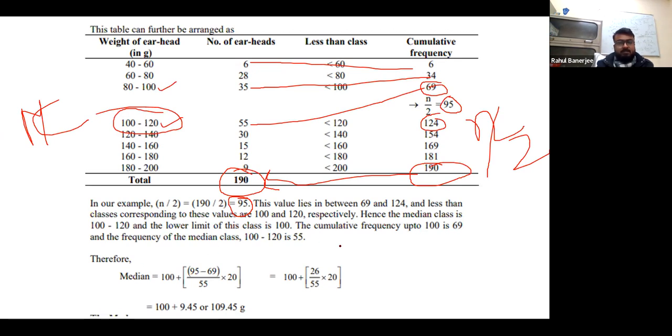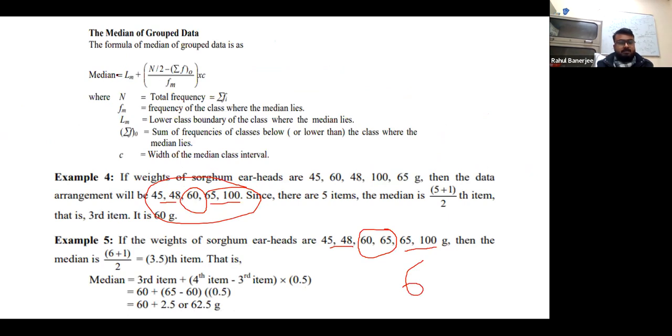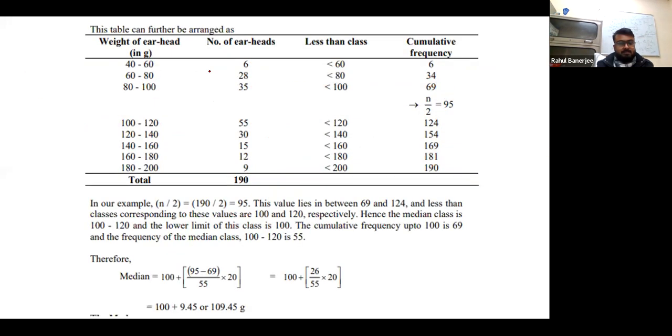Now, if we plug in the values in this formula, you see, this was 100, this was 95. This is the previous cumulative frequency, 69. This is the frequency of that class, and this is the class interval. This is the lower limit, 100, of that particular class. Then 95 is the value of n by 2.